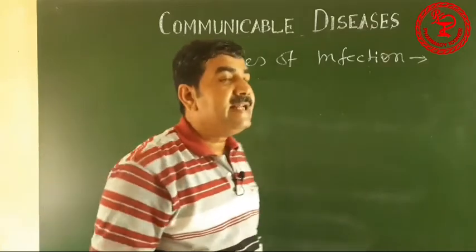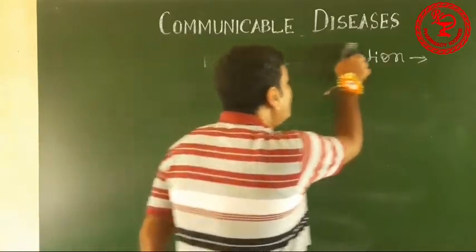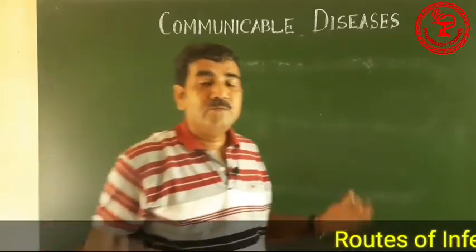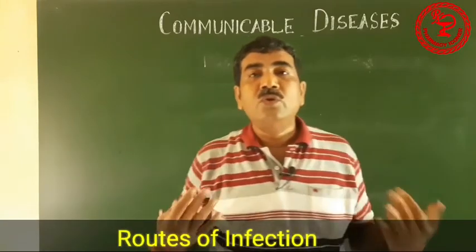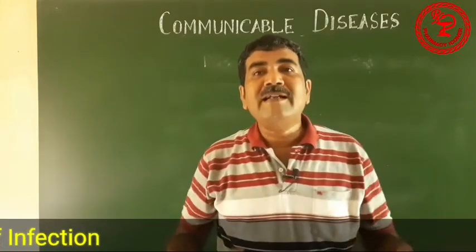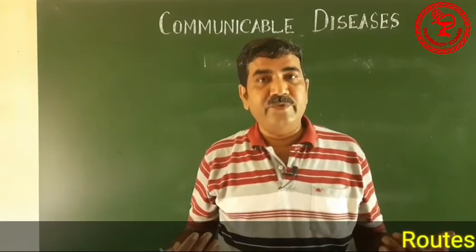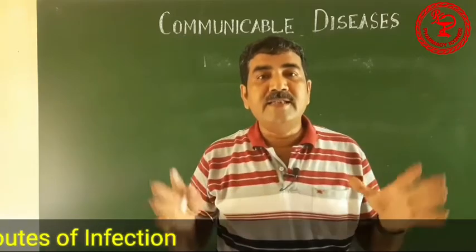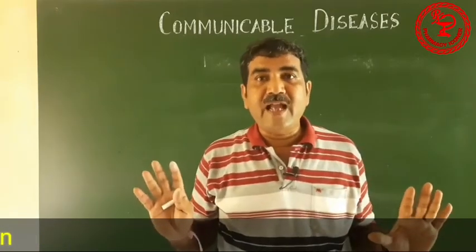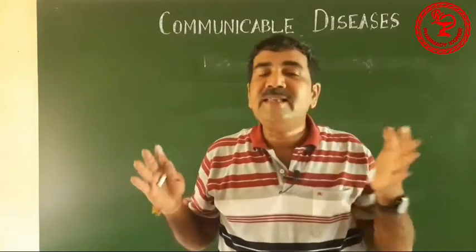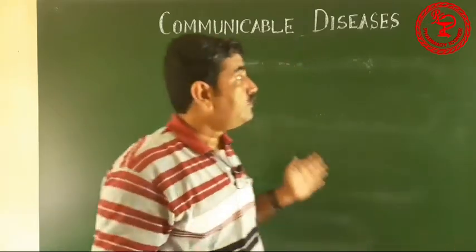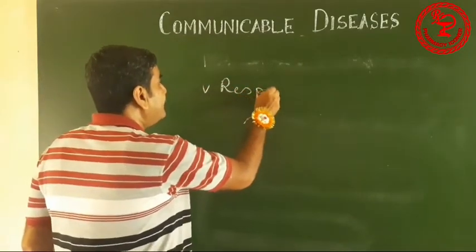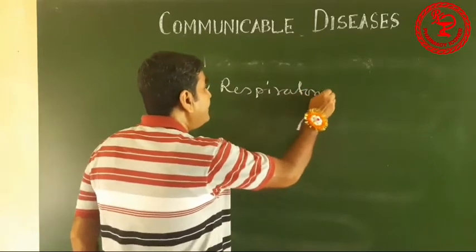Now infection may enter into our body through different routes. First among them, the most vulnerable, is through our respiratory system. Nostrils, respiratory tract and lungs are primarily infected, and most of the time the infection is airborne. So one route is the respiratory route.